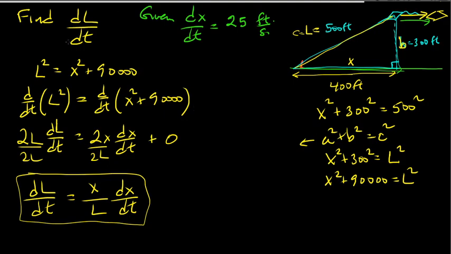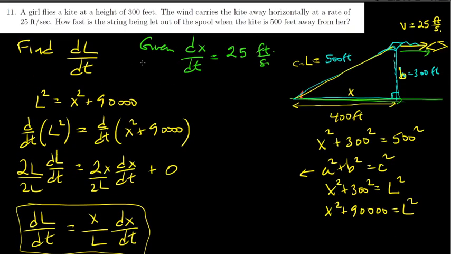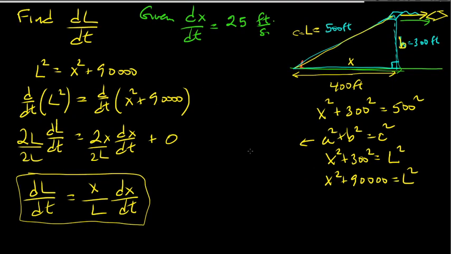So you think that answers the question, but we want to plug in the numbers now. At this moment, how fast is the length getting bigger here? So plugging in the numbers. x was 400 at that moment. And L was 500 at that moment.